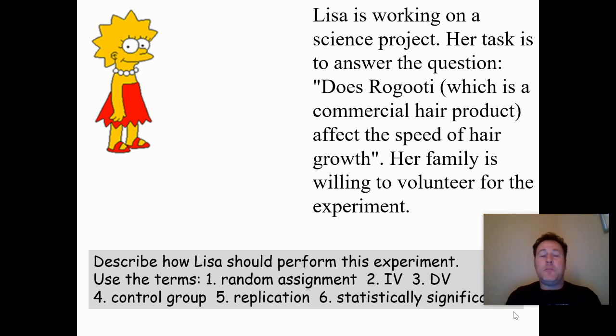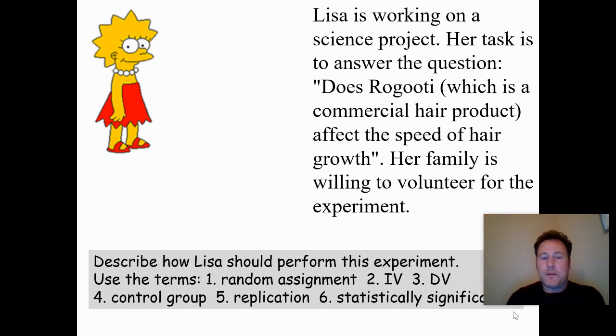Replication, you would have to do this. Somebody else would have to do this again at a different university in a different laboratory with different people, but with the same methodology. Statistically significant. So let's say your hair grows 3 millimeters without the product, but with the product, it grows 3.25 millimeters.